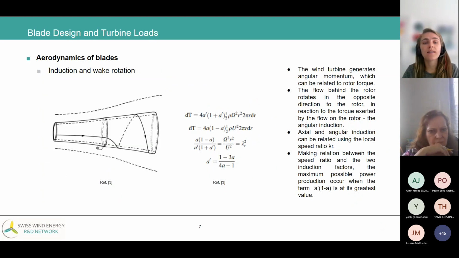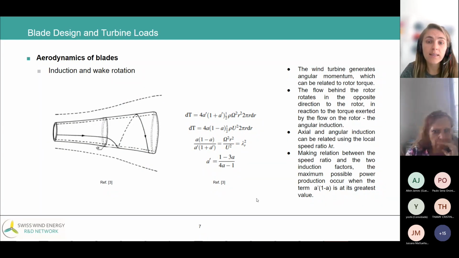Once we start to take into consideration the wake rotation, which is the speed that will be introduced after the wind reaches the turbine, we start to calculate the angular induction. The angular induction will also be a function of the power, the thrust, and the torque, mainly the torque.